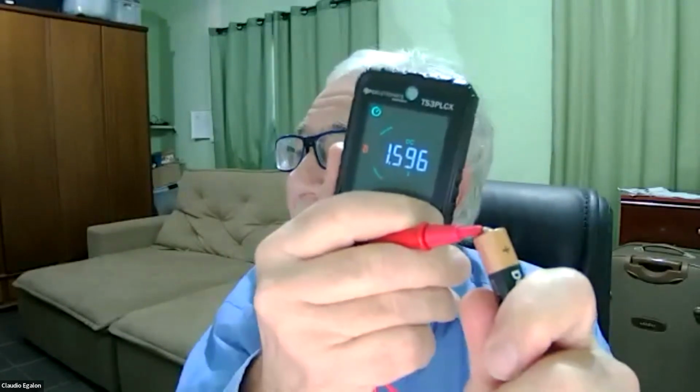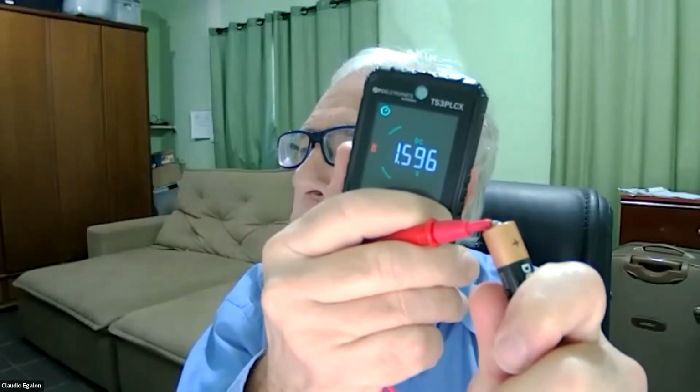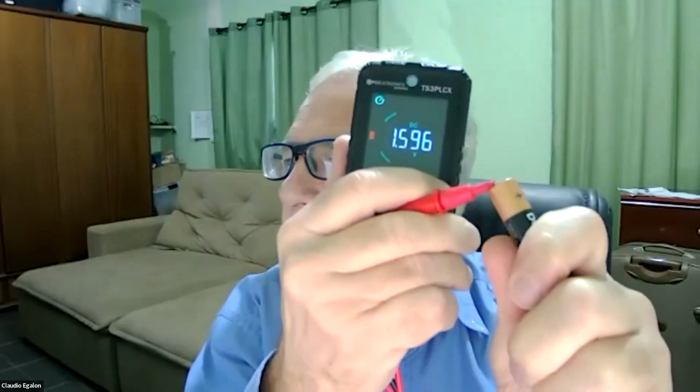In this specific case, for this specific instrument, this measurement has 4 significant figures. 1596, okay? And the measurement that you have in your spreadsheet will have the number of significant figures according to the value that is displayed, that is written down.